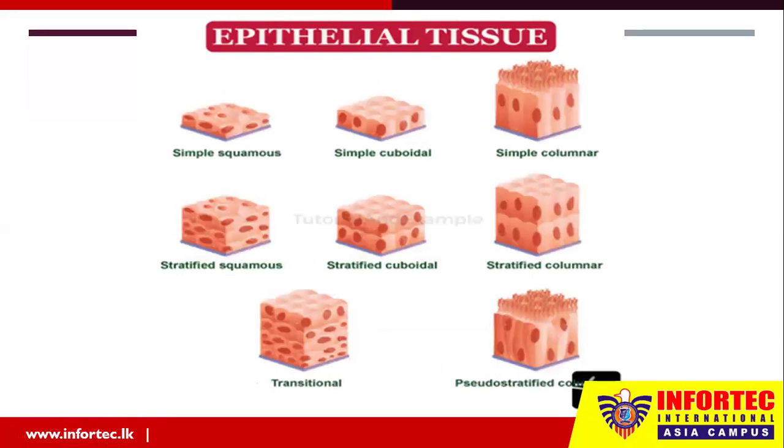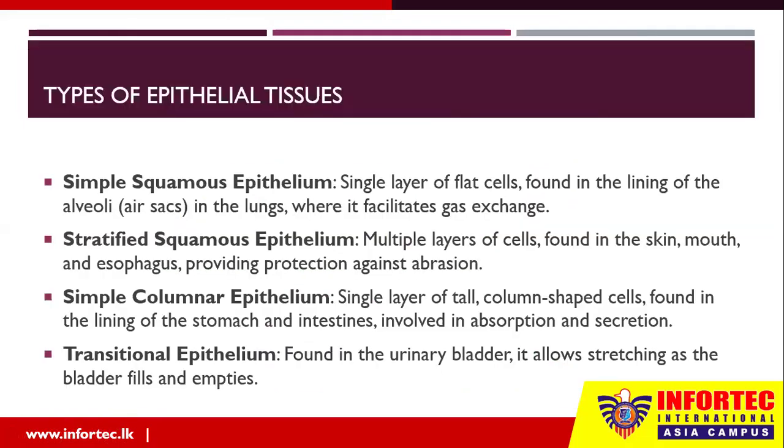Then coming to stratified squamous epithelium. Stratified squamous epithelium means there are multiple layers of cells found in our skin, mouth, and esophagus. The function is providing protection against abrasions.